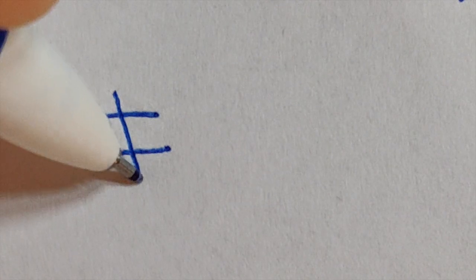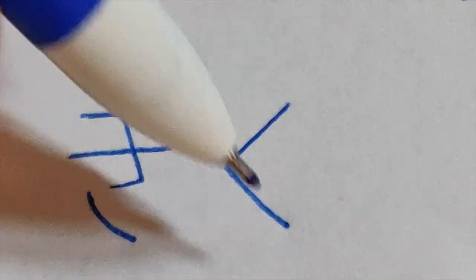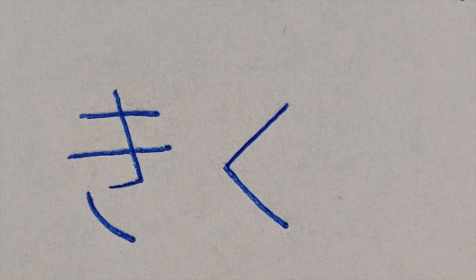Here's another example, but using the character for ki. So we write ki, and then ku. So the pronunciation is kiku, and it means to hear or to listen.